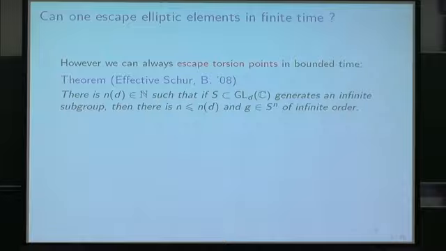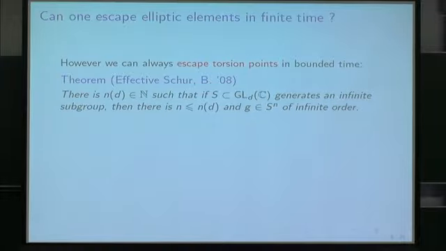So in particular, if you have a set of matrices and you look at the group it generates, if it generates an infinite group, then there will be an element of infinite order in that group. Following the philosophy I outlined at the beginning, the natural question is, how far do you need to go to find this element of infinite order?